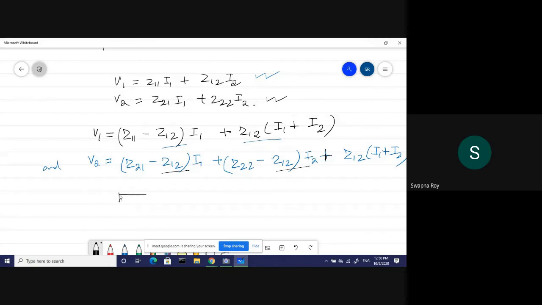Z11 is one impedance, and the current I1 is entering.